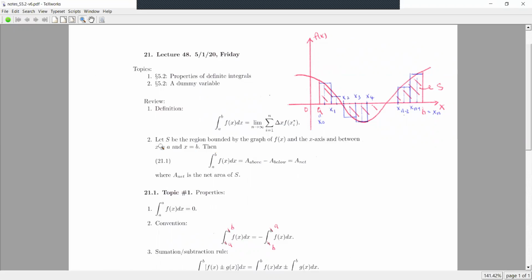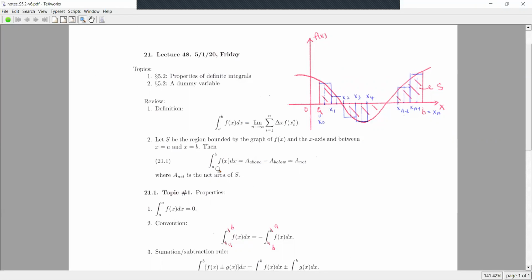Review number two. Let S be the region bounded by the graph of the function f and the x-axis, between A and B. In this diagram, region S is the shaded region.